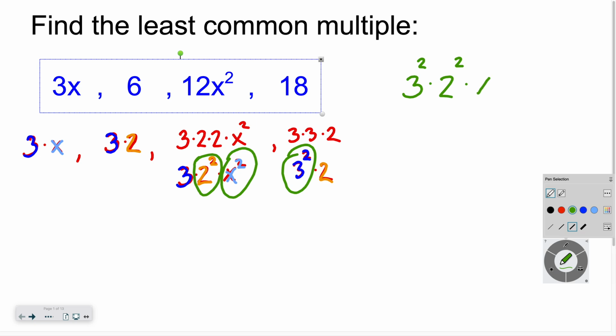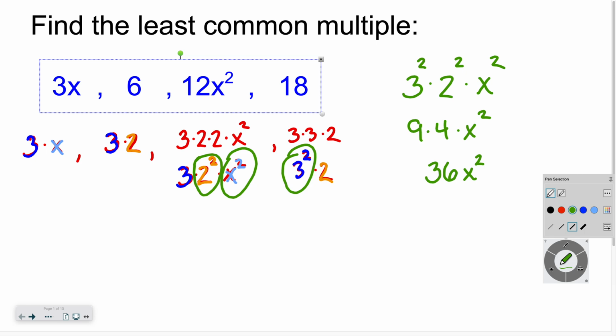So in this case, this is the least common multiple, or if we looked at it, 9 times 4 times x squared, okay? Making it 36x squared, right?